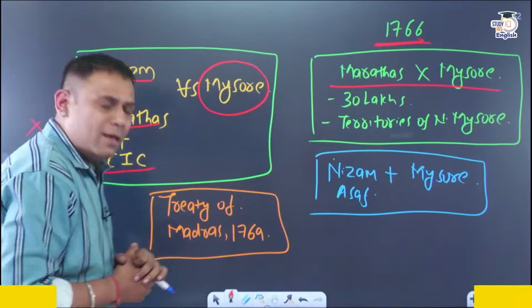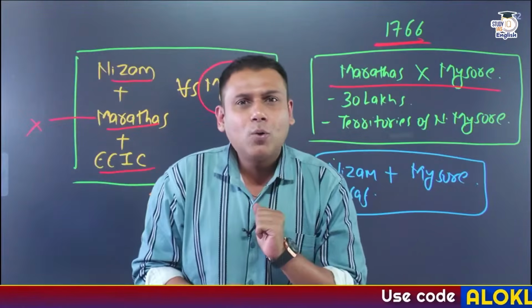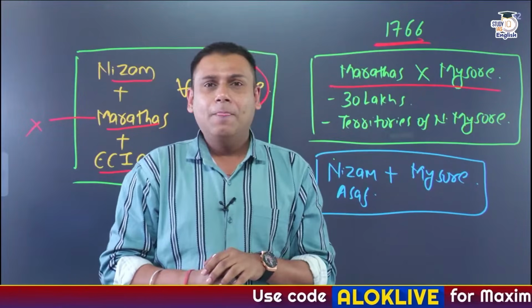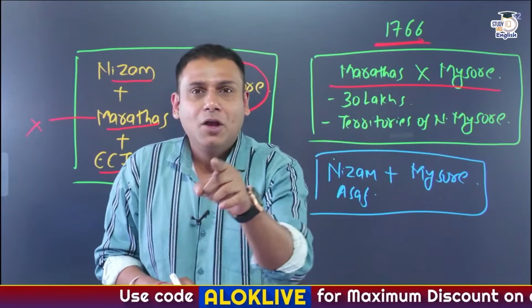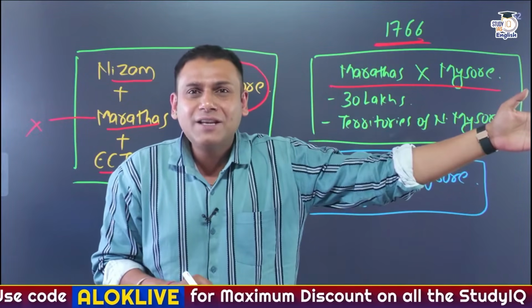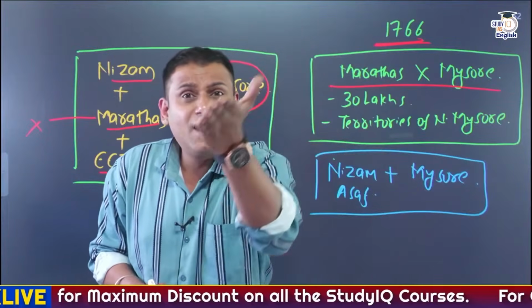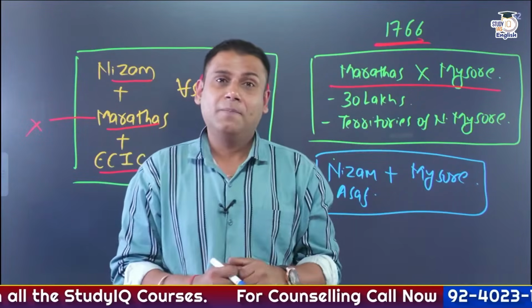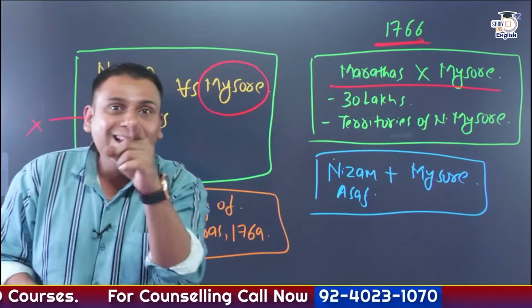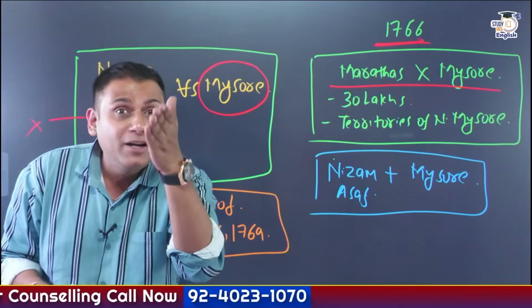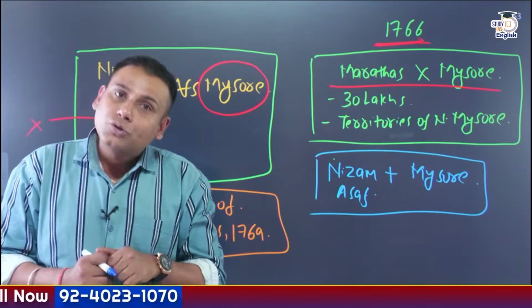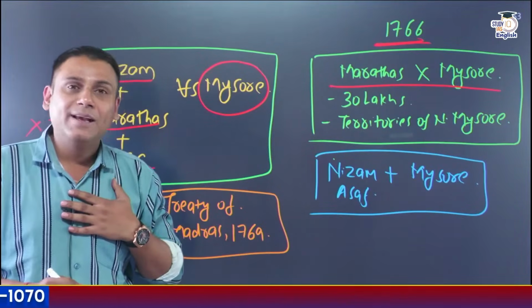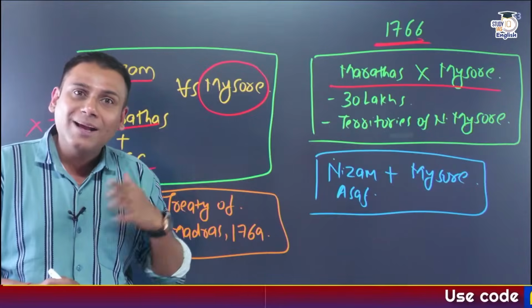Hyder Ali approached Asaf Jah and said, you are allying with the English East India Company. The English East India Company is a very good friend of Nawab of Arcot, who is your enemy. And any time the English East India Company can betray you. So Arcot is my enemy as well. Simple words, Arcot is enemy of Mysore.